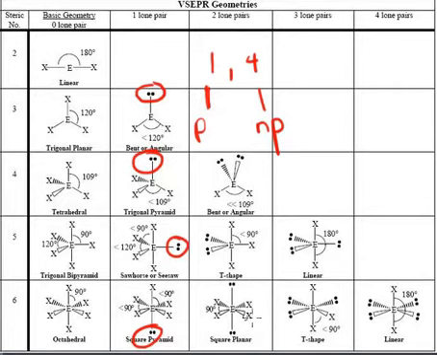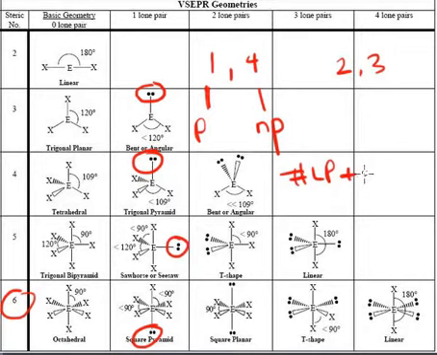The only really big exception to that is the square planar. So for 2 and 3 lone pairs, you have to check the steric number. Steric number is nothing but the number of lone pairs plus bonds. So for 2, knowing the steric number will tell you whether it's polar or non-polar.